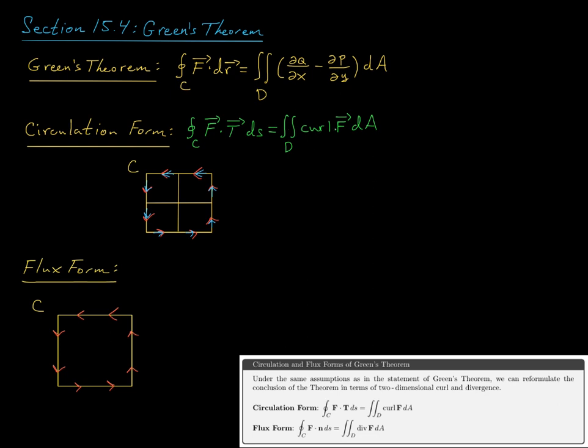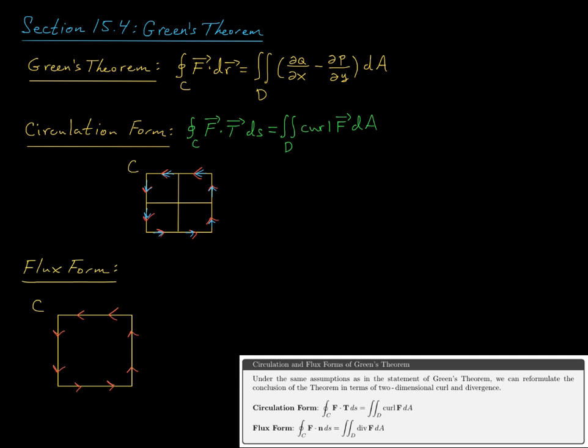So we said that the curl of F is measuring the rotation of the vector field at a point. So if I think about each one of these little sub-squares as being really, really small, and I want to know how is my vector field rotating objects nearby this point? Well, a way I can measure that is just to measure the circulation of the vector field along the boundary of this little sub-square right here.